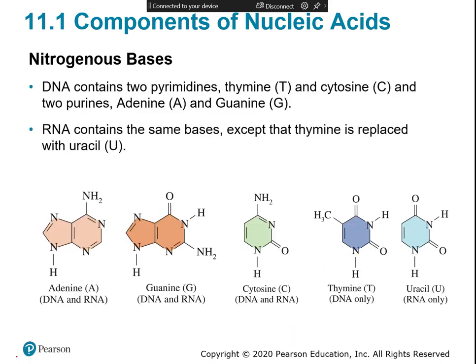There's 5 possible types. 3 of them are found in DNA and RNA. These 3, adenine, guanine, cytosine, all found in DNA and RNA. So those are kind of similarities. Now adenine, they almost always just write it as an A, but there's its name.